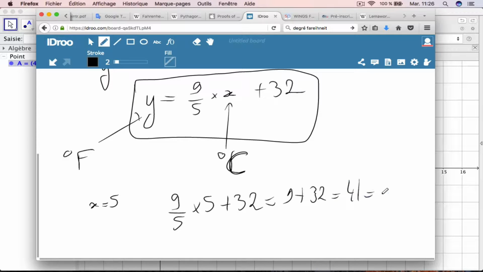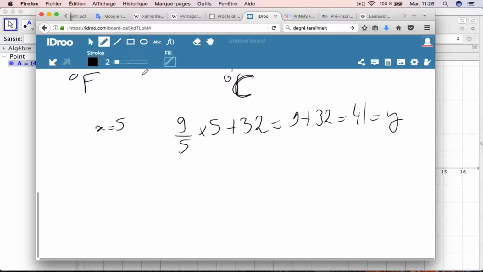So we've got y equals 41. So we've got this link. Let's call this point C. C is 5, 41. So we can represent this point like this.